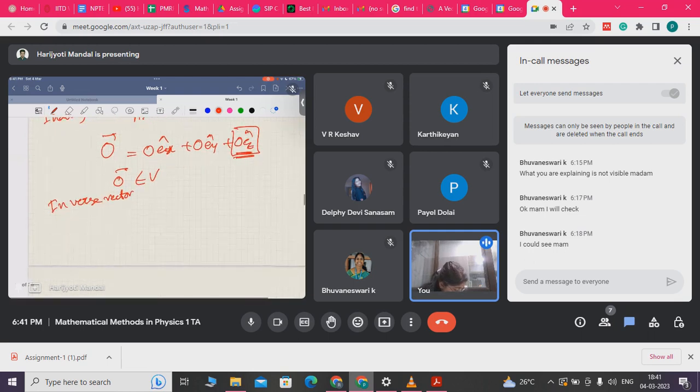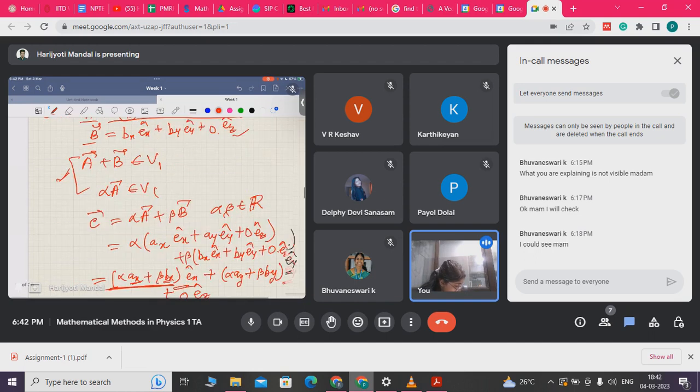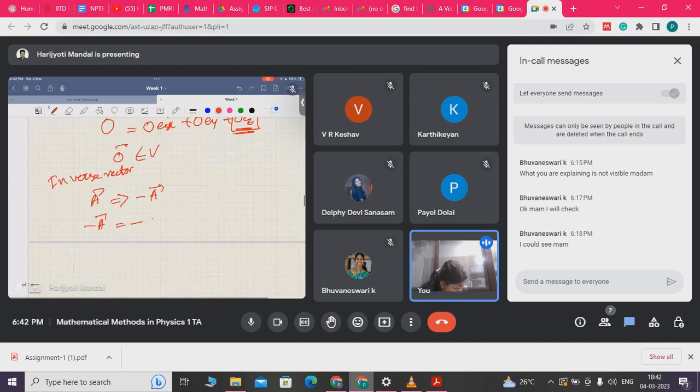There needs to be the existence of an inverse vector. So for A, the inverse vector will be minus A. For minus A, its direction will be the reverse of A. So A is that.